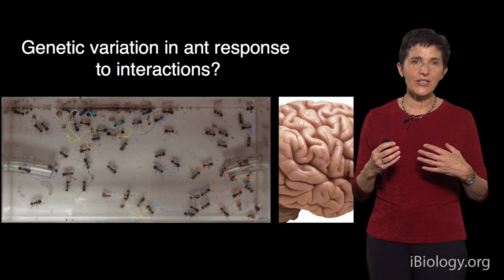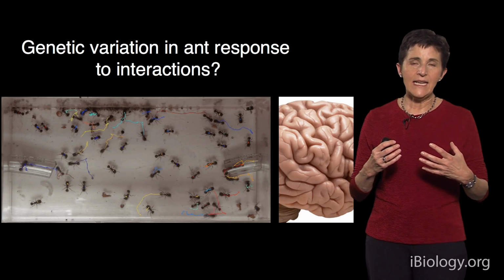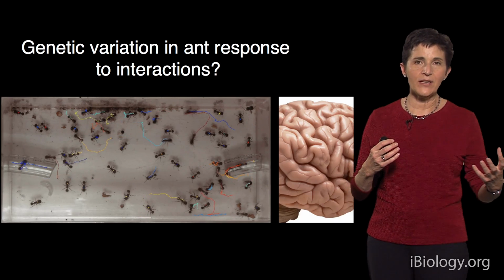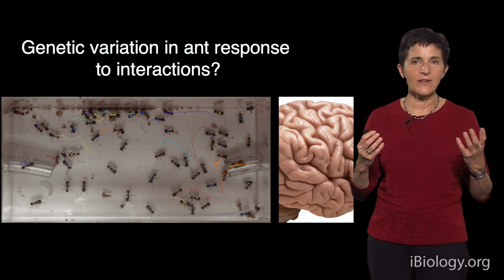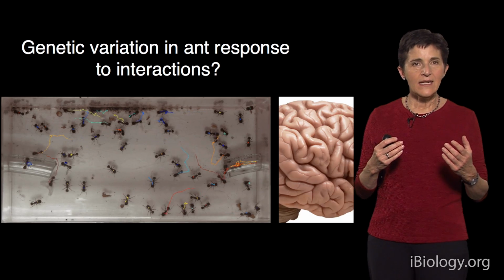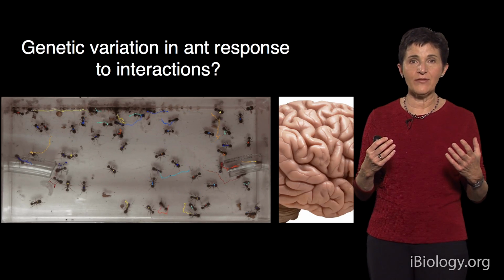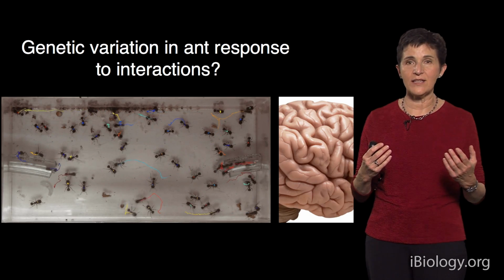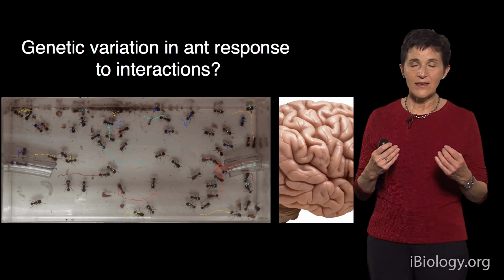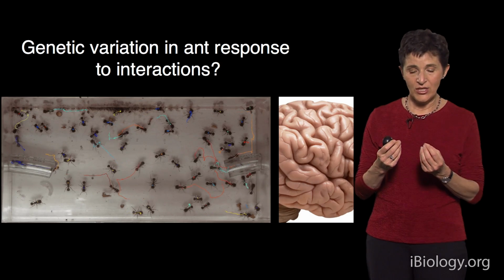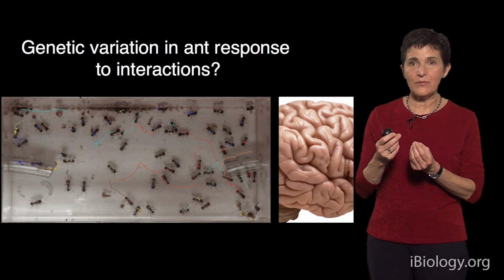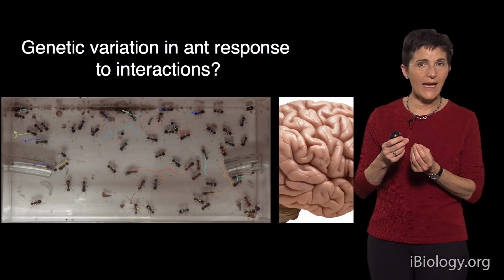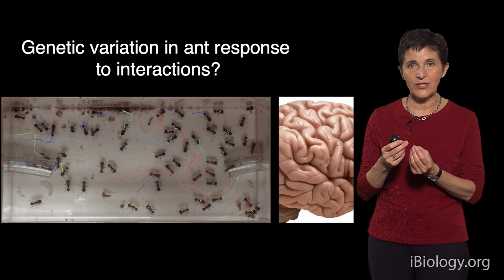So if there's genetic variation in parent and offspring colonies that explains why they resemble each other, it seems that it would have to be genetic variation in ant response to interactions. That is, maybe colonies in which each ant is more likely to forage only after it gets many interactions.